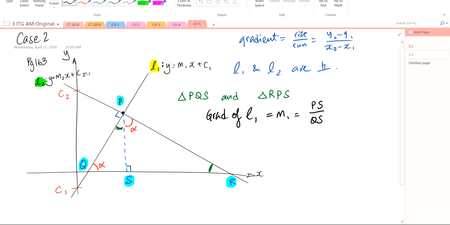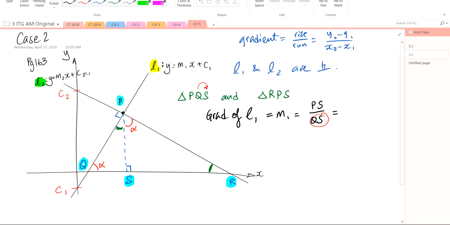Since these two triangles are similar, and I see a ratio of sides over here, can you find another ratio of sides that is the same? PS and SR. Okay, wait. Let's find out where this QS is. Where is QS? In this triangle, right?